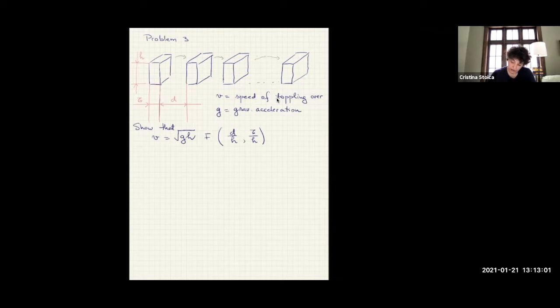So d, h, tau. And as a fun part, if the velocity on Earth is, I don't know, let's say 1 meter per 10 seconds, or 1 meter per 5 seconds, what would be the velocity, the speed of toppling over, if we're on the moon?